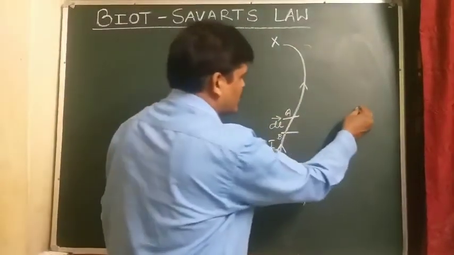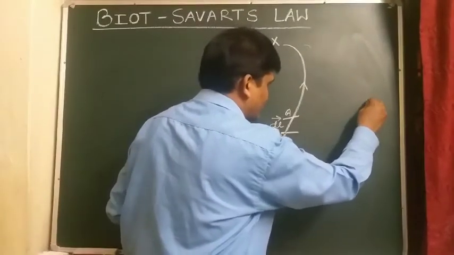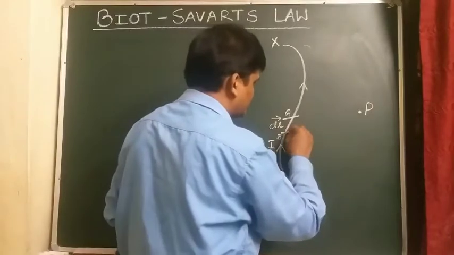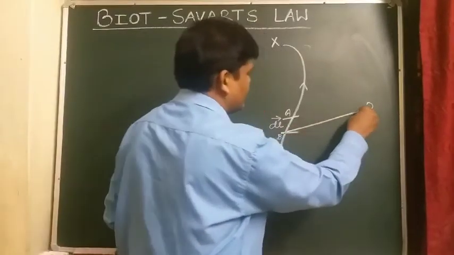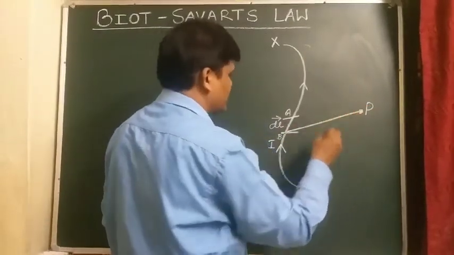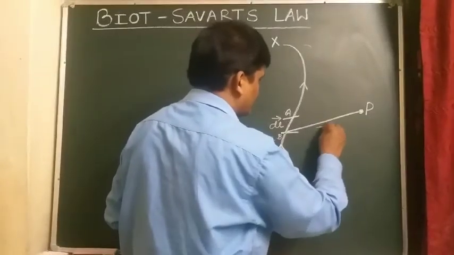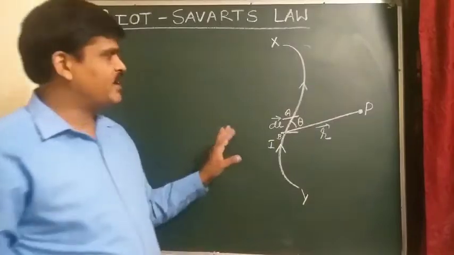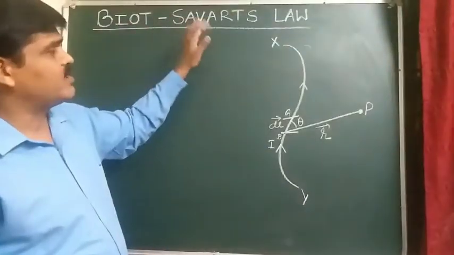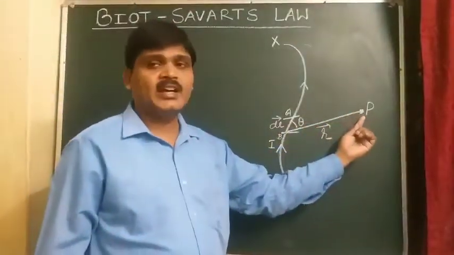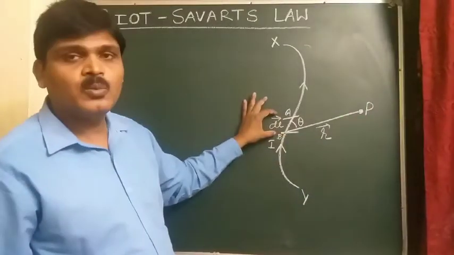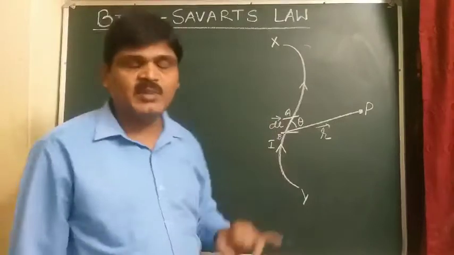So now we have to find the magnetic field at the point P due to this current element vector. So student, Biot-Savart's law states that the magnetic field at a point P due to a current element.